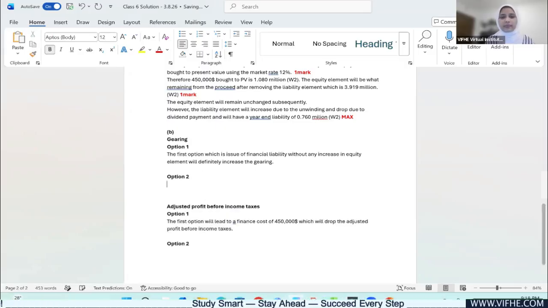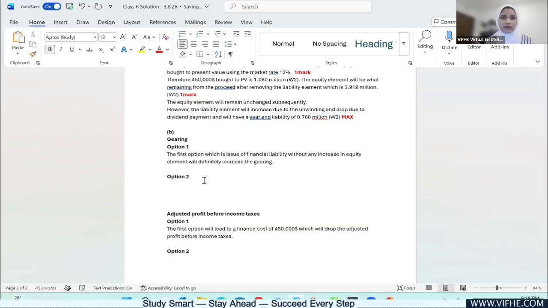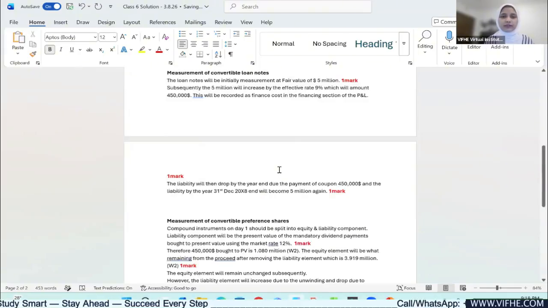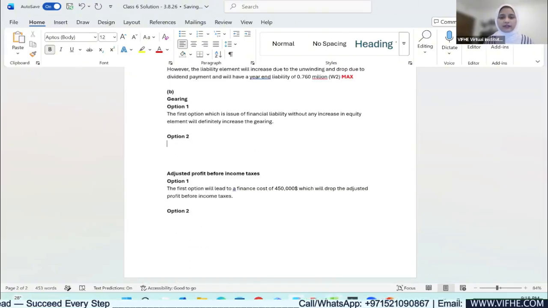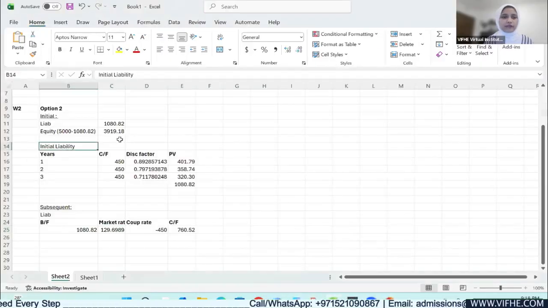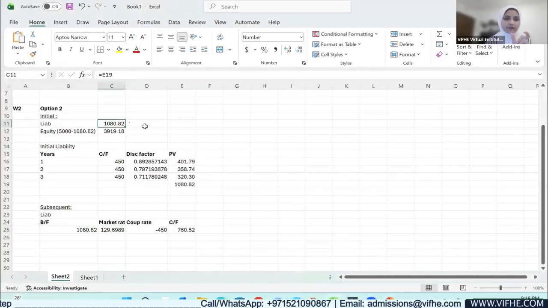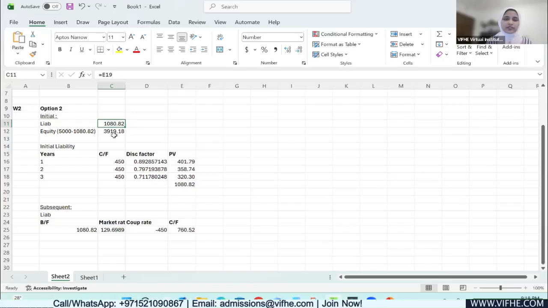Now the second option, where it's compound, so it has both debt and equity. I want you all to come here and see the ratio of debt and equity. Sorry, it's in my Excel actually. Here I have put the ratio of my debt and equity. My debt element from this is only 1080, 1.1 million almost, and the equity element is almost touching 4 million.